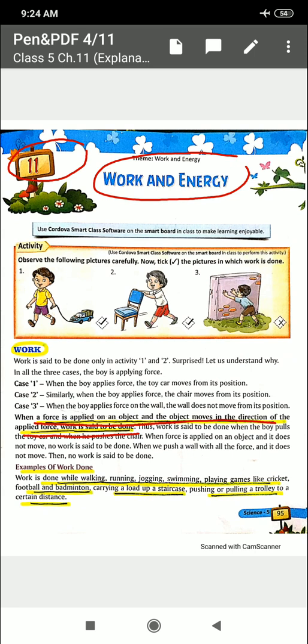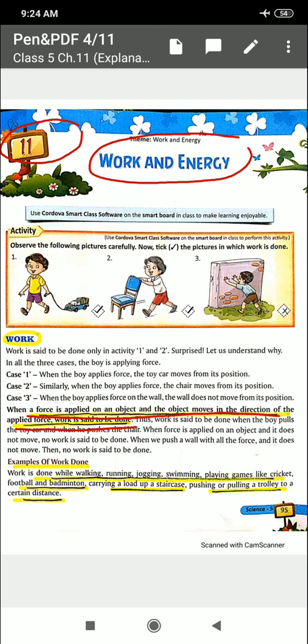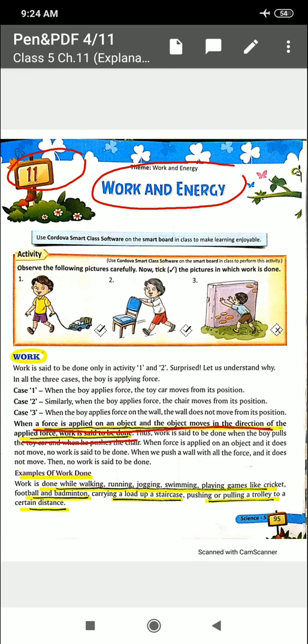First, we should apply force. Second, the object must move from its place. And third, the movement of the object should be in the same direction as the direction of the force applied. These are the main conditions. Now see, a few more examples of work done are given here.